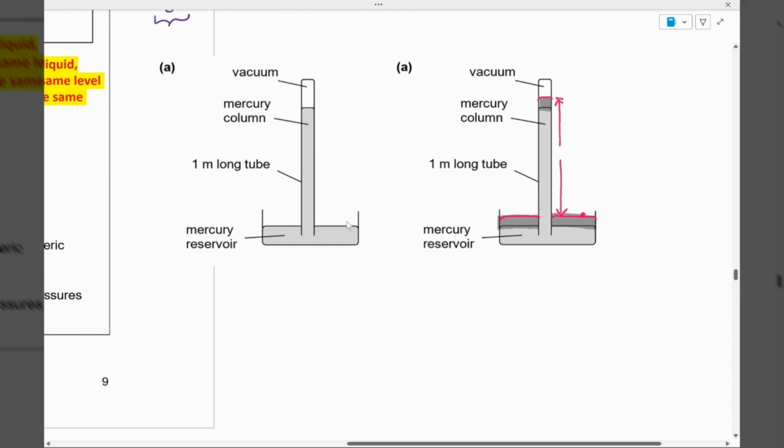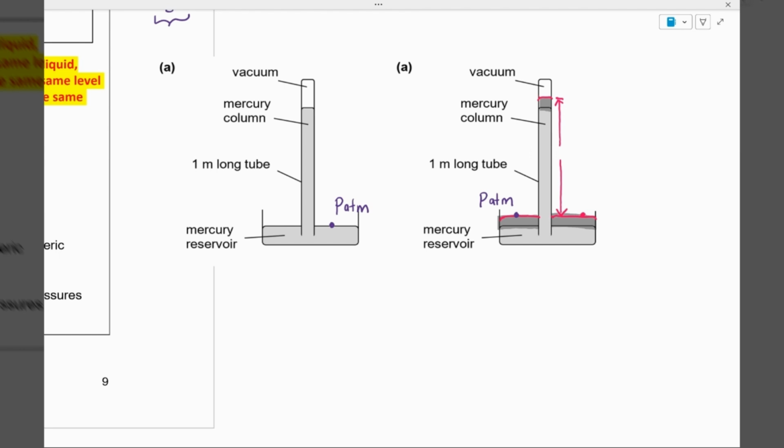So imagine, from example 6, this barometer, I'm going to pour excess mercury into the mercury reservoir such that the mercury level rises in the mercury reservoir. So in both barometers, this surface is exposed to the atmosphere, and this surface is also exposed to the atmosphere.